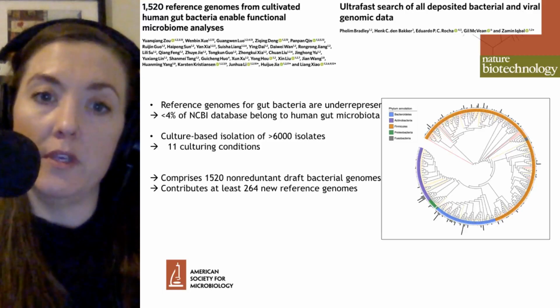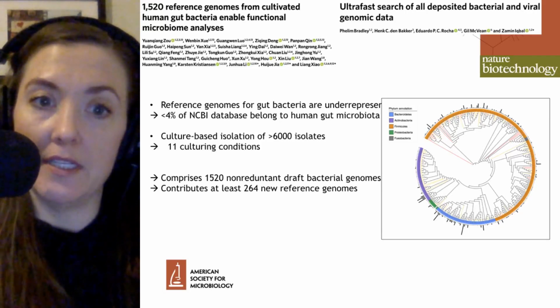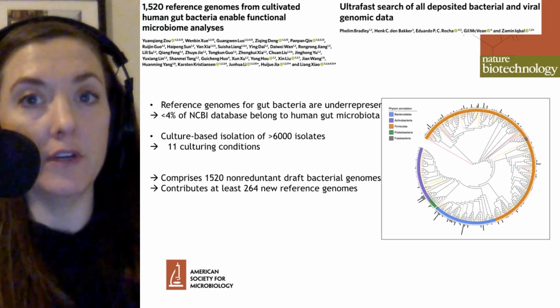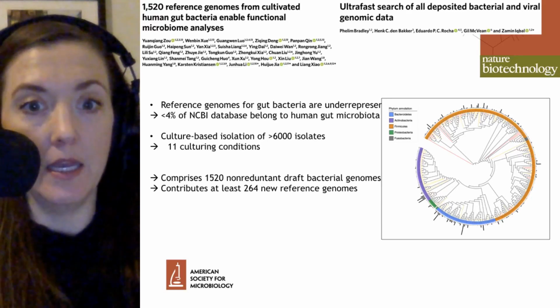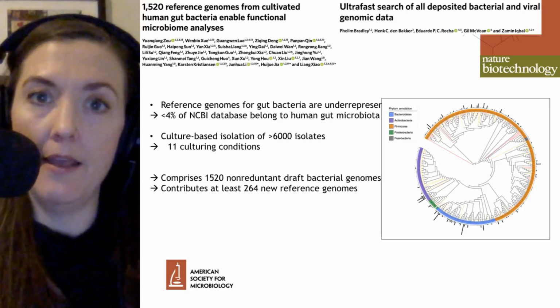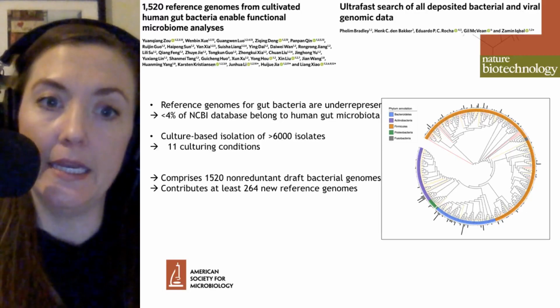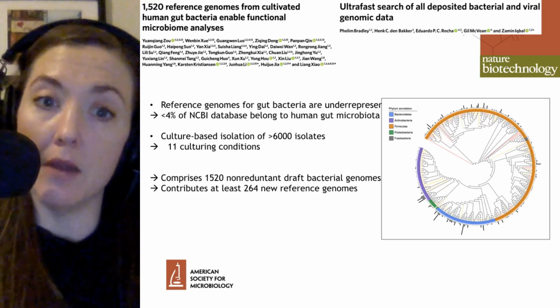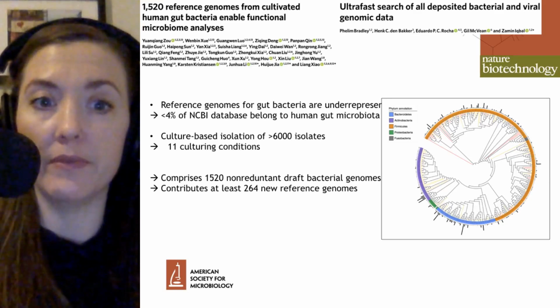So what this group did was to use 11 different culturing conditions, and they isolated over 6,000 new isolates. Some of those were redundant, of course, and so when they took out redundancies, they saw that this collection represented 120 non-redundant draft bacterial genomes.